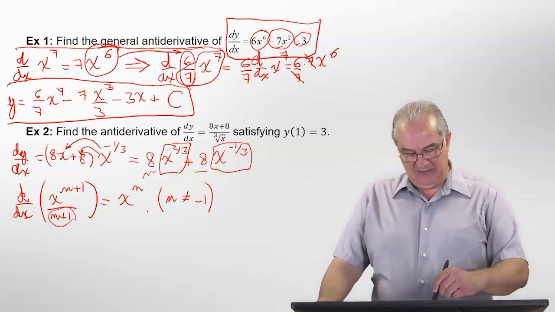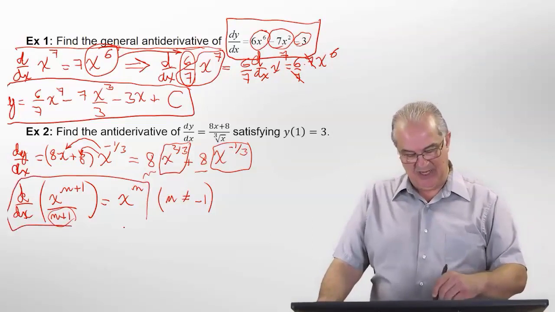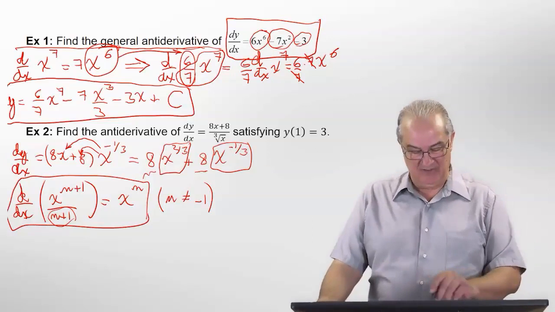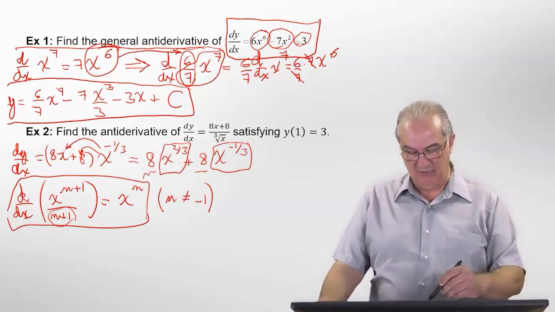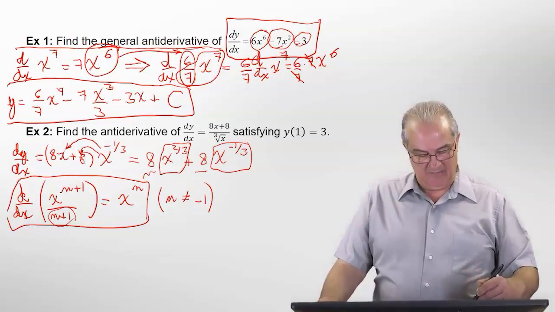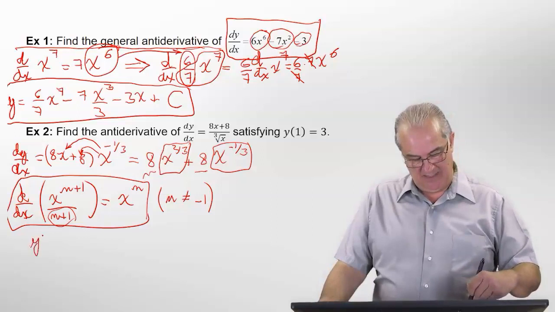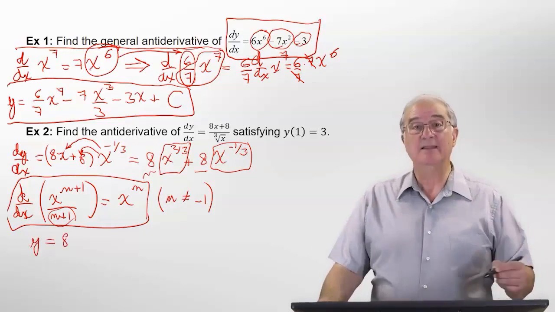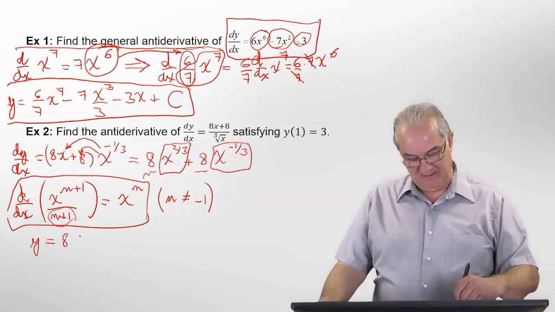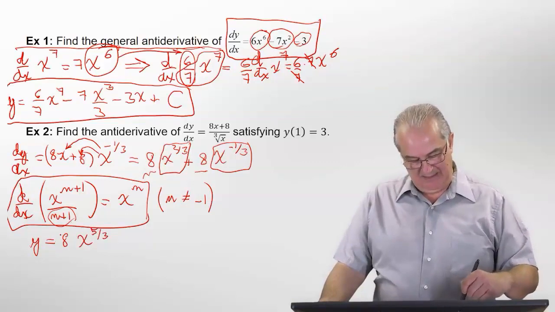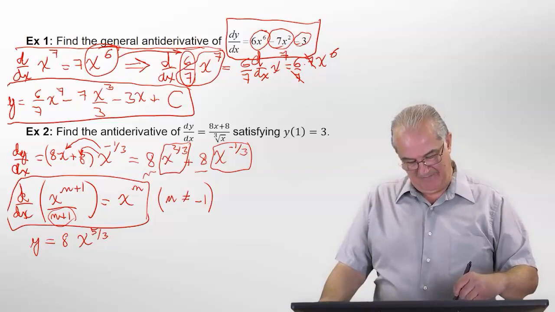That general anti-differentiation formula now allows us to finish this example number 2 by finding an antiderivative for x to the power 2/3. So now we can write y equal 8 times, and then antiderivative for x to the power 2/3 is x to the power 5/3. We are adding 1 to the exponent and then dividing by 5/3.